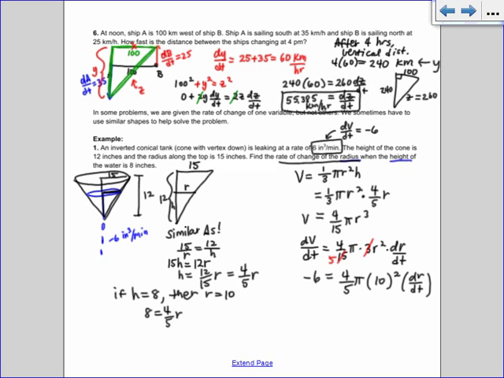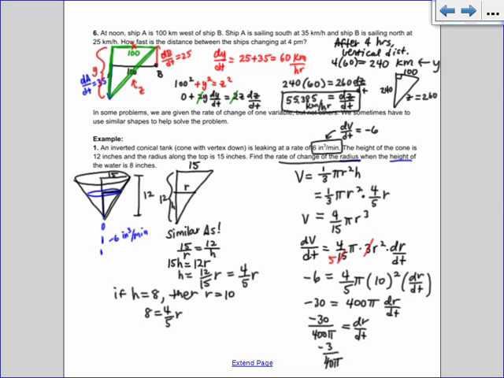So I tend to try to do like one thing at a time. Like I would multiply the 5 over and get negative 30. And then I have 400 pi. And then I would divide by the 400 pi. So I have negative 30 over 400 pi. Just make sure that the pi goes in the correct location. A lot of people will put it in the numerator. So if I reduce it down, I get negative 3 over 40 pi.